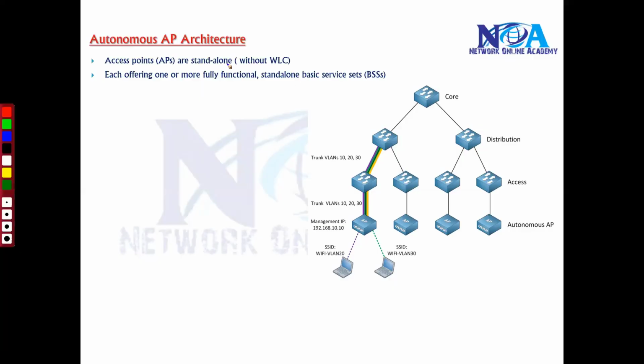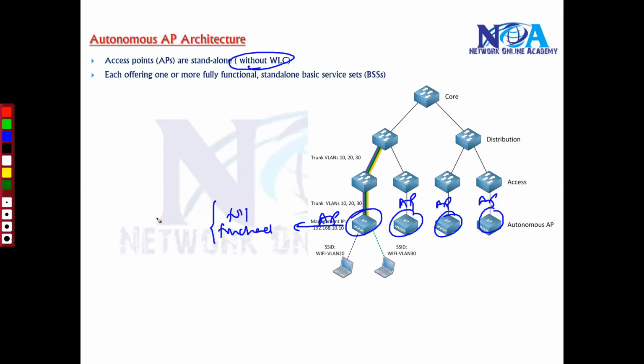Now the main basic point is we don't have a WLC. So all the access points provide connectivity to the wireless users. They do the same job, but at the same time they also have full functionality. It means all the management-related options and any kind of real-time traffic are managed by the access point, and you need to manage each and every access point separately.